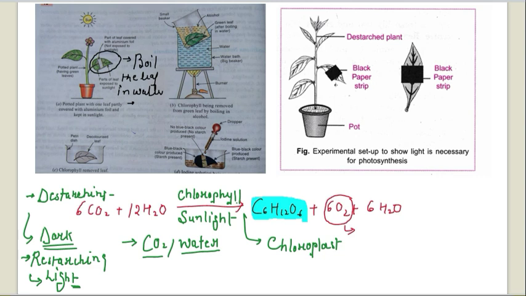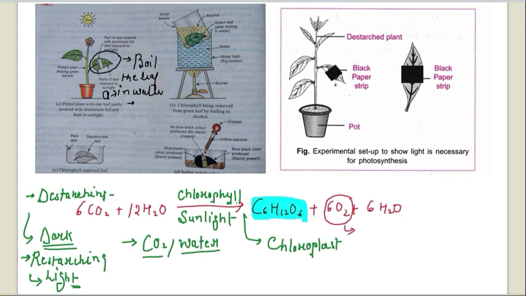This question can come: why after plucking the leaf do we boil it in water? You have to answer that it is to break the cell membrane so that the cells become more permeable to the iodine.